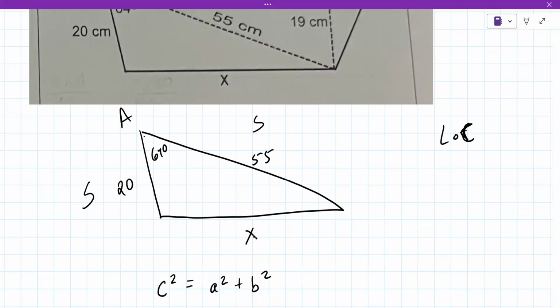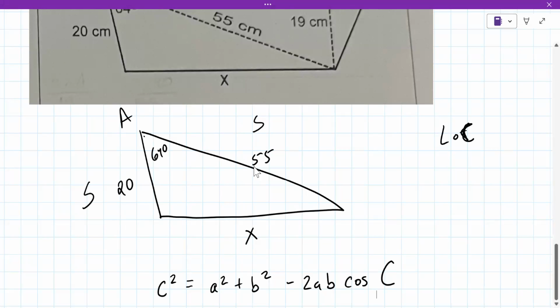Minus 2ab cosine of the angle. Notice that these two letters are the same as the ones on the right side here. That's always the case: cosine of the corresponding angle as the side we're trying to find. So there's kind of a mapping to these formulas. You don't have to necessarily remember them, you just have to know why letters go in certain places.